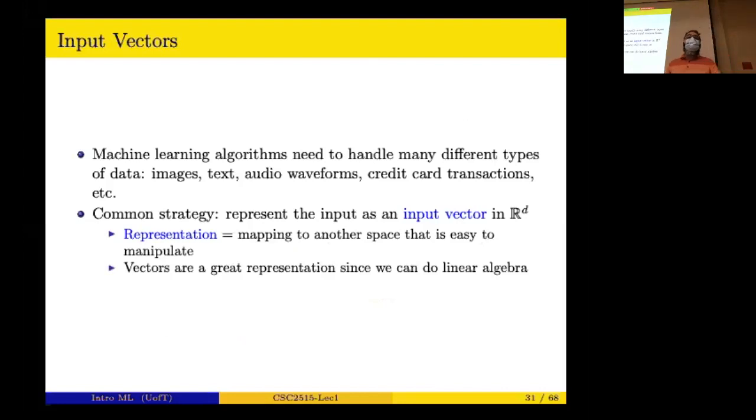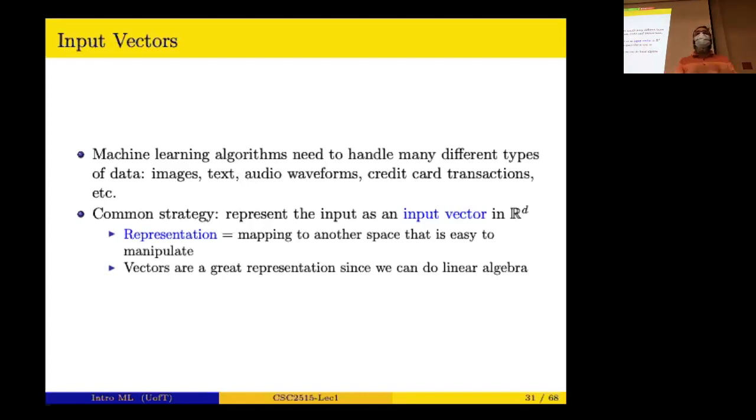We want to develop machine learning algorithms that can handle many different types of data: images, text, audio. You will see that most of the methods we talk about basically ignore what type of data they are, whether images, text, or something else. So we talk in a somewhat abstract way about machine learning: there is an input and there is an output.